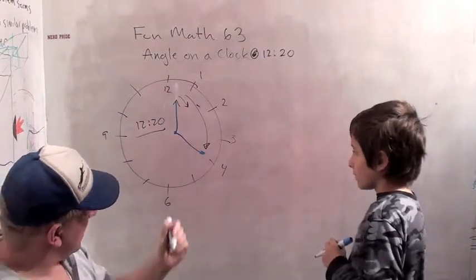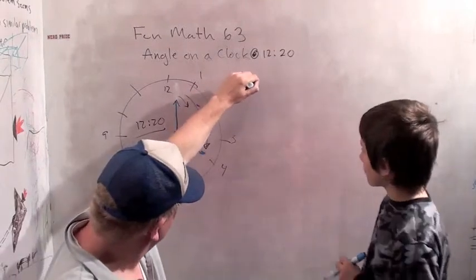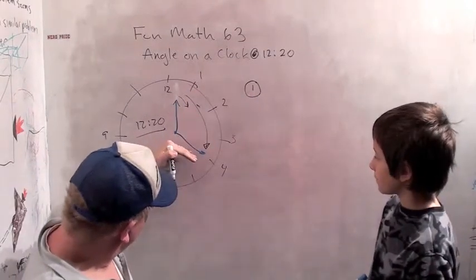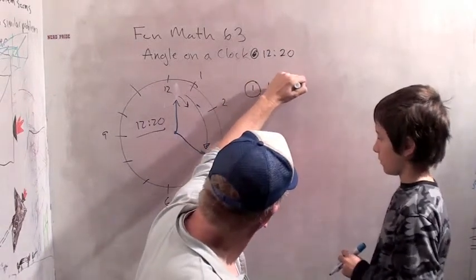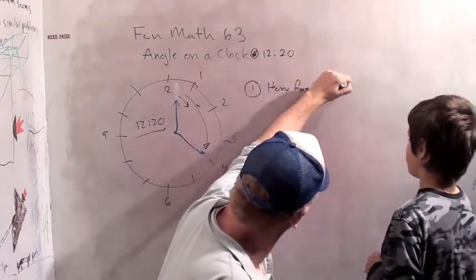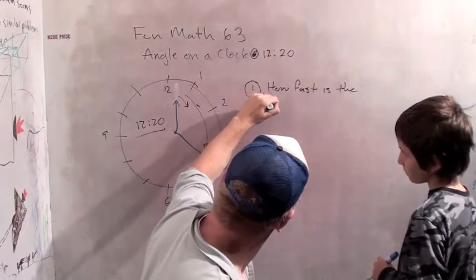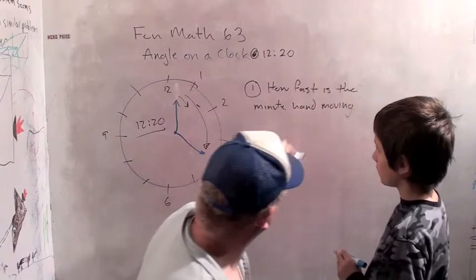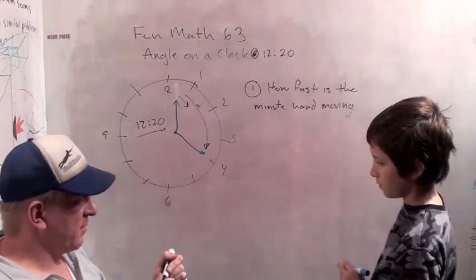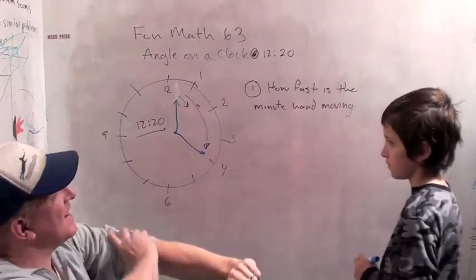So now the first thing is how fast is the minute hand moving? I know you probably know the answer to this, but I want you to explain how you find the answer.